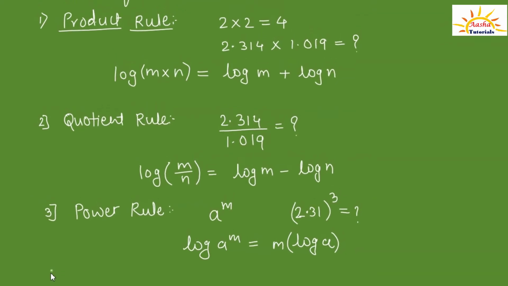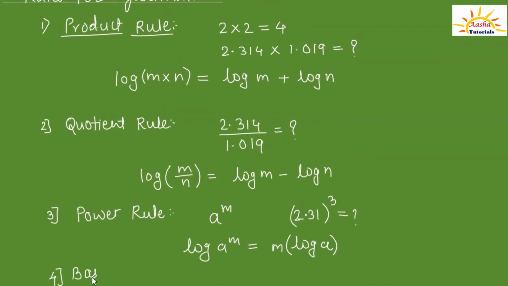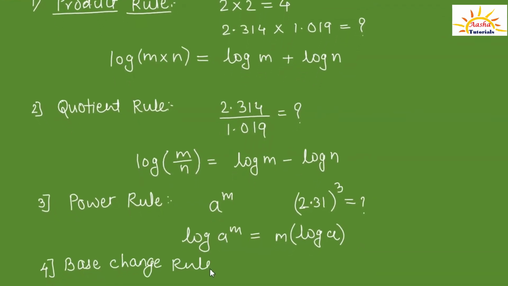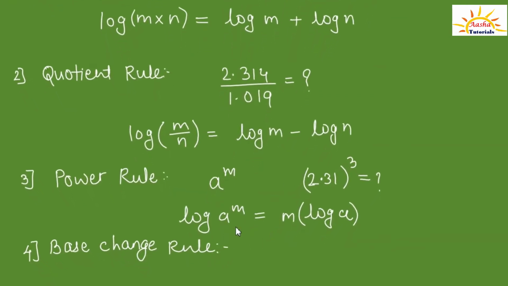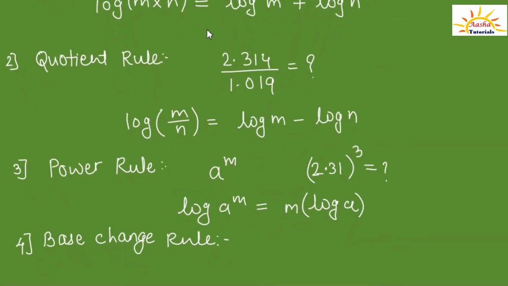And one more rule is there, the base change rule. Whenever we want to change the base, generally for the log, we can take the base 10, that is the common log. But in the base change rule, when we want to change the base, let's suppose that we have the log of number n to the base a, but I want to change this base from a to b.